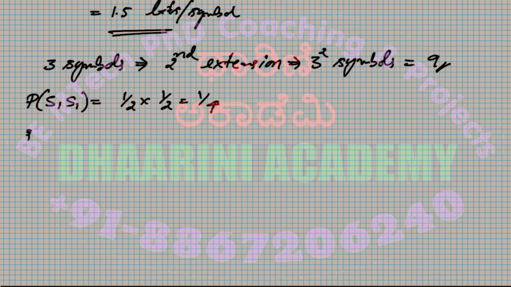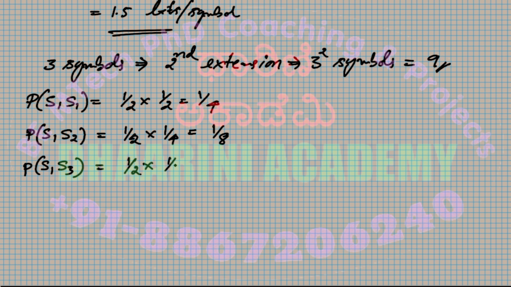You calculate every possibility. S1 and S2 might come. So that is 1 by 2 into 1 by 4, 1 by 8. Next, S1, S3. Probability of S1 is half, S3 is 1 by 4. That's 1 by 8.